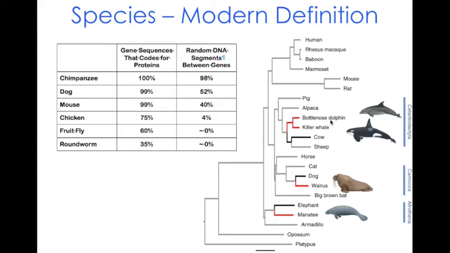The killer whale and the cow are actually really closely related as well. In fact, cows are more related to killer whales and dolphins than they are to pigs and alpacas and things like that. Yeah, so those are some pretty cool discoveries that we've made there.